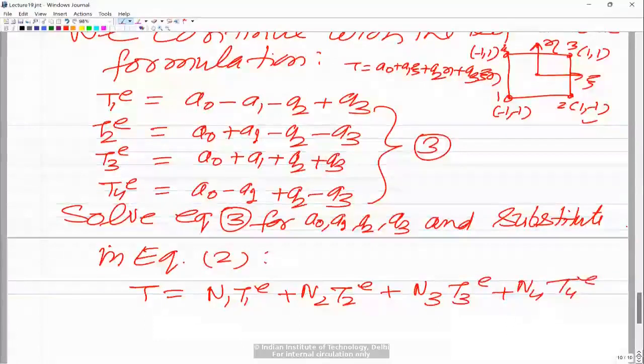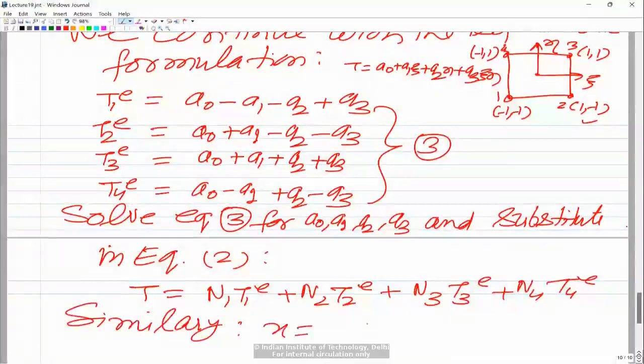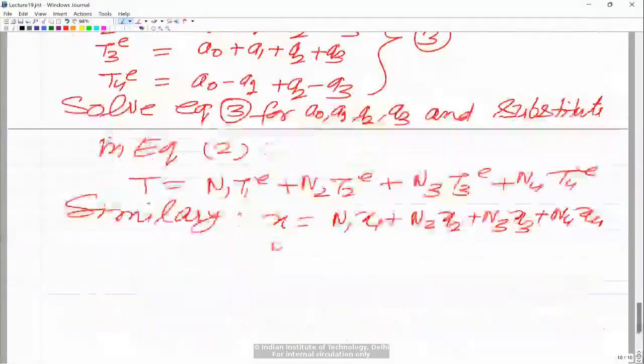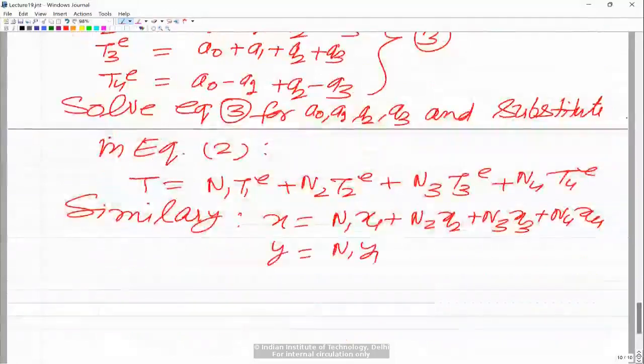And similarly, when you do the same thing for x and y coordinates, we'll get x is equal to N1 x1 plus N2 x2 plus N3 x3 plus N4 x4, and also y will be N1 y1 plus N2 y2 plus N3 y3 plus N4 into y4.